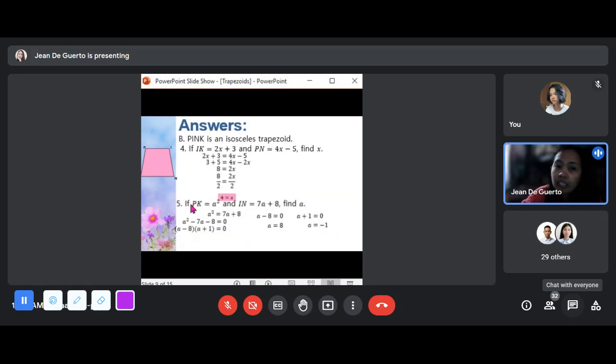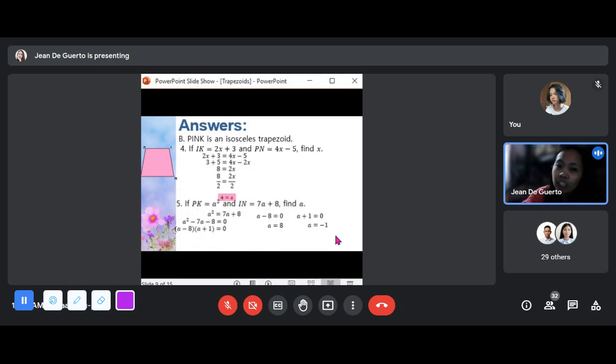Okay? Since we are talking about measurements, measurement ng length nitong trapezoid natin, the value that we are going to use will be the positive value. So, kung na-recall nyo yung previous lessons natin, if we are talking about measurements, walang negative measurement.